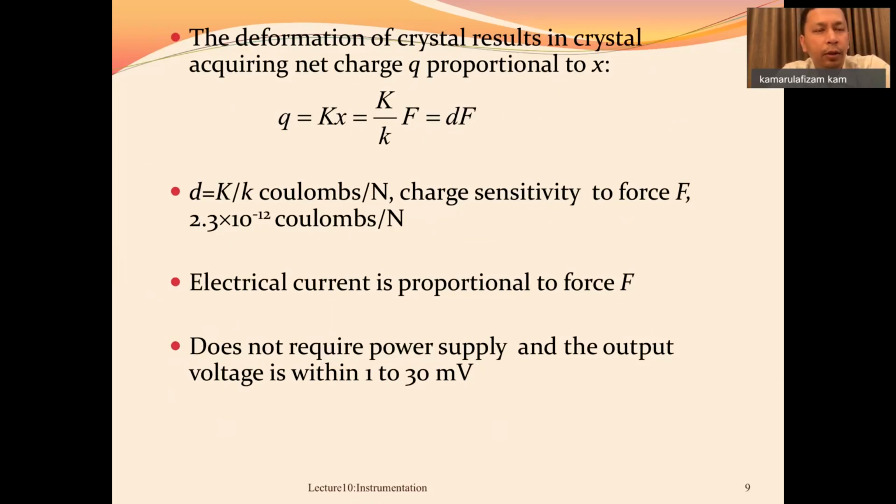Here in the equation, you will have Q, which is the charge, and K of x. Now x is 1 over k multiplied by F. So we have x being replaced by 1 over k multiplied by F, and we end up having capital K over small k, multiplied by F.